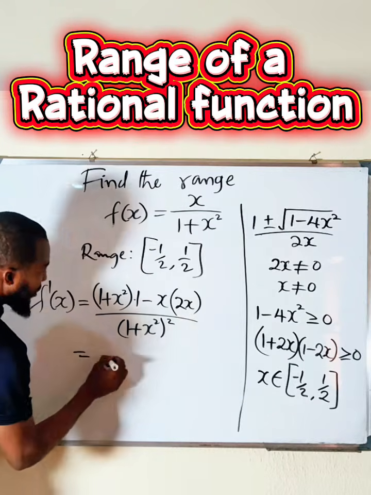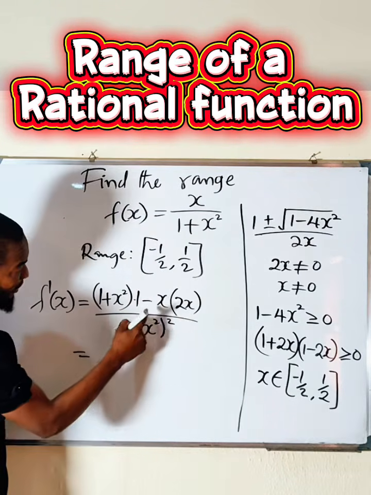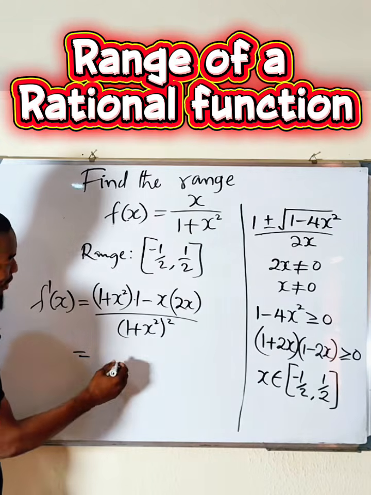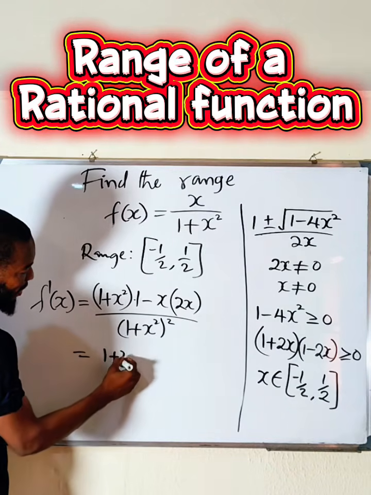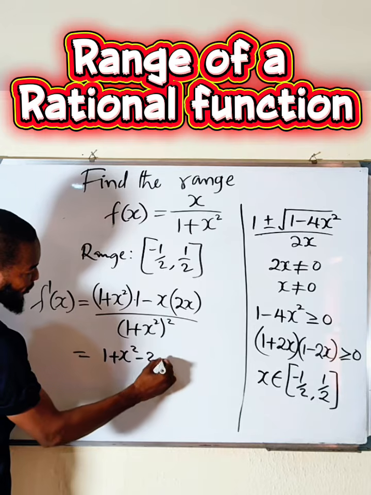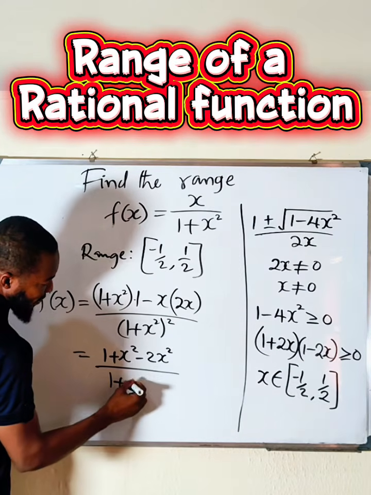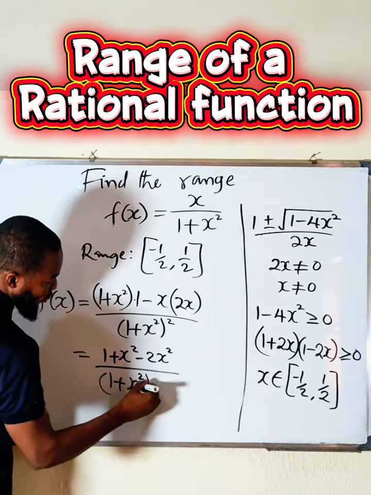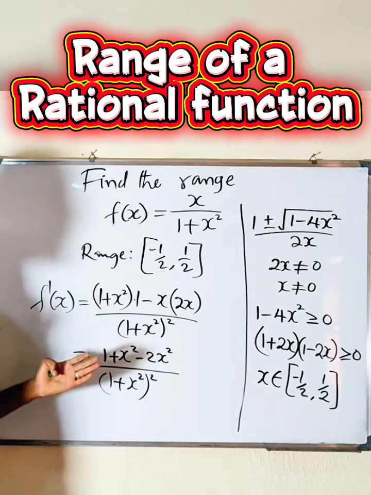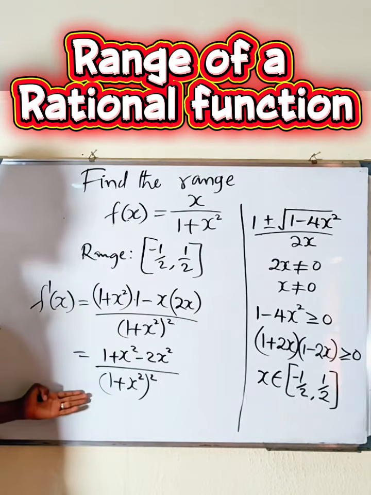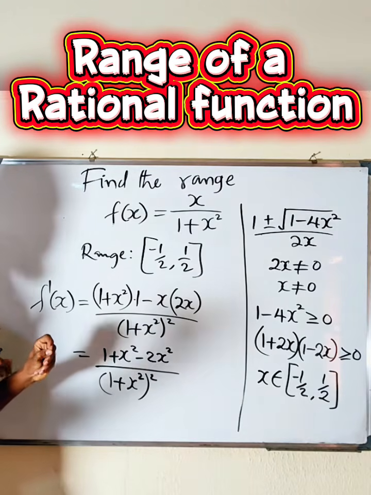Let's simplify. This time this will give us 2x squared. So we have 1 plus x squared minus 2x squared to the top. Divide by 1 plus x squared all squared. And by setting this to be equal to 0, that will give us the possible values of x.